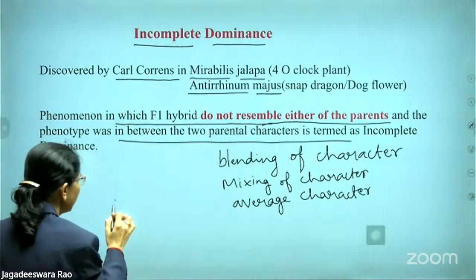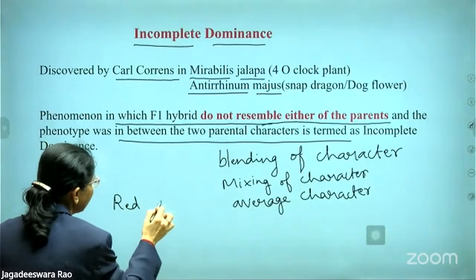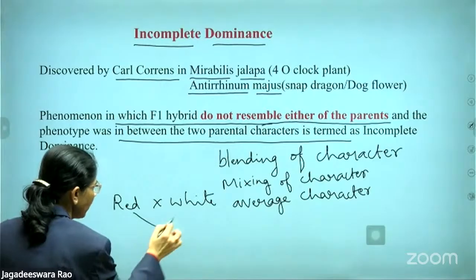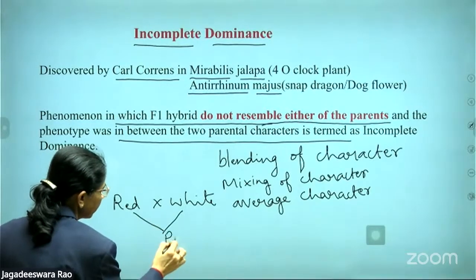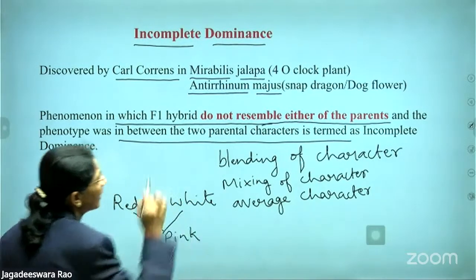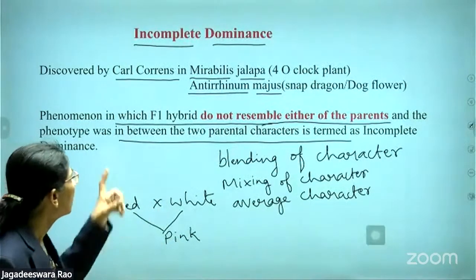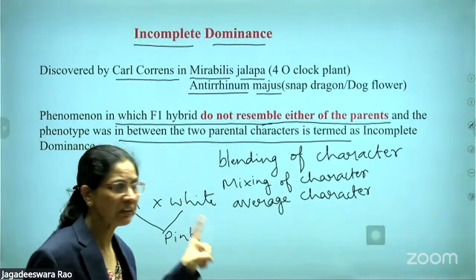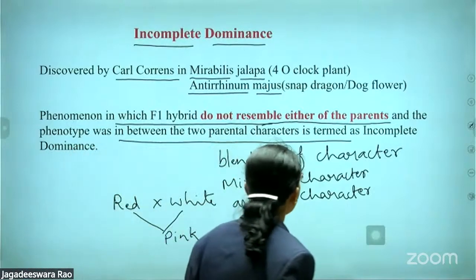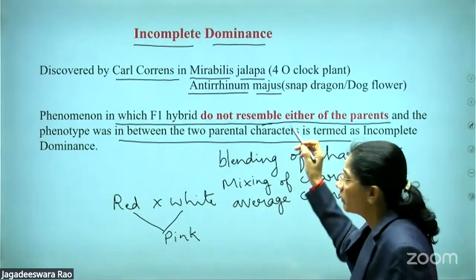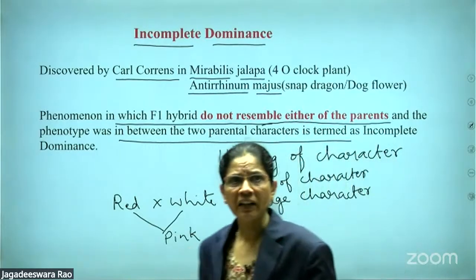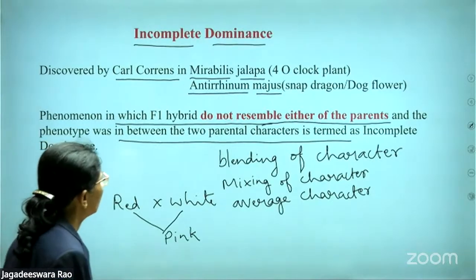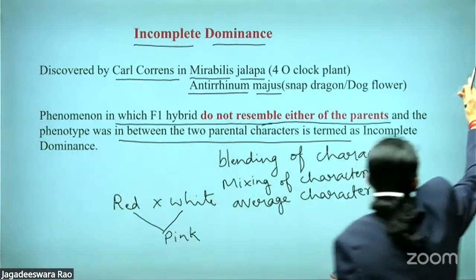For example, if there is red and white as parental character, in the progeny you will get pink. That is in case of flower color in Mirabilis jalapa or Antirrhinum majus. Very important names, children. So incomplete dominance is observed in Mirabilis jalapa and Antirrhinum majus. Clear, children?